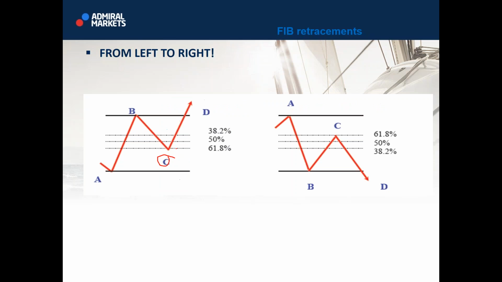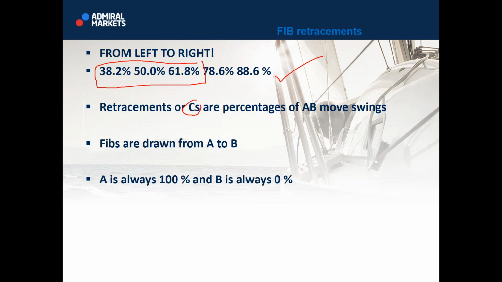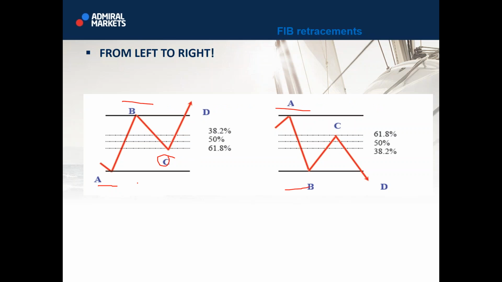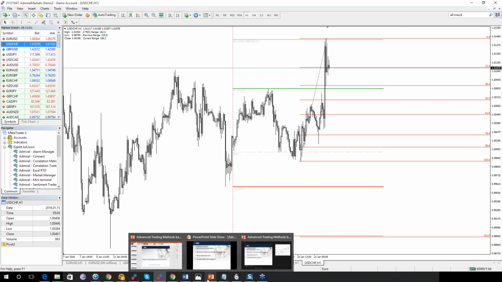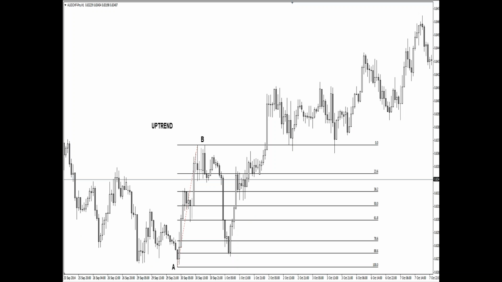Fibs are always drawn from A to B, always from A to B. And A is always 100% and B is always 0%. Always 100%, always 0%, A to B or B to A depending on the move. This is the explanation of the simple Fibonacci tool used in an uptrend, from A to B, from left to right. C is the percentage of the AB move.